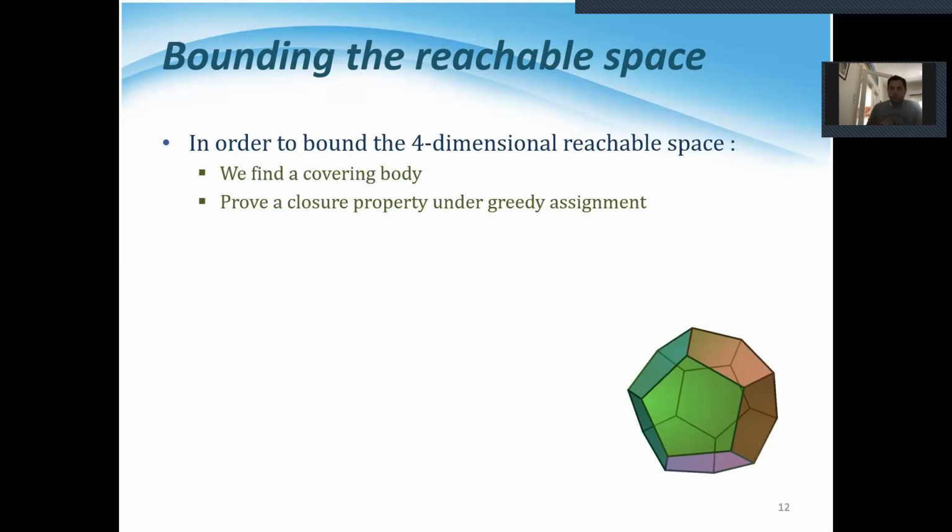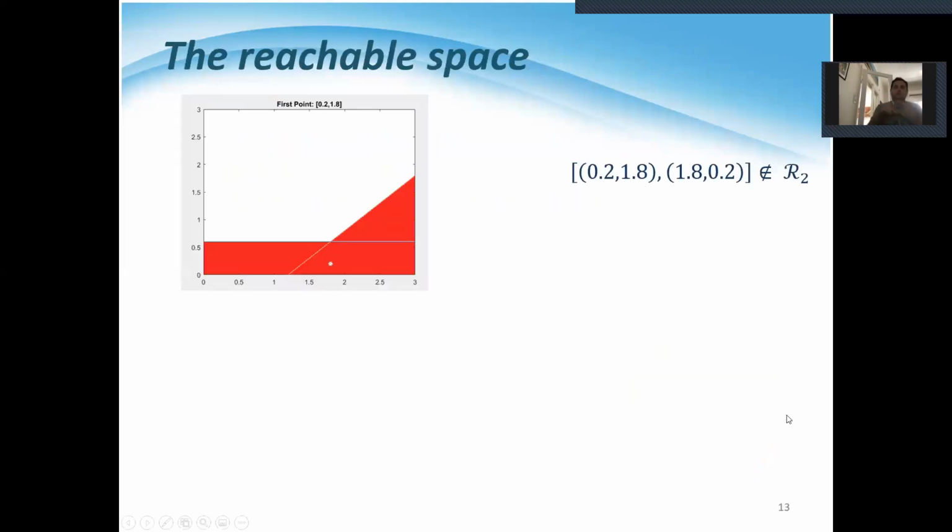Just in a few words, in order to bound the 4-dimensional space, we have 2 machines with 2 coordinates each. We find some covering body that covers this reachable space, and we prove a closure property under greedy assignment. I will explain it in more detail later, but more importantly, we give a complete characterization of the reachable space of the greedy assignment. And we can present it here.